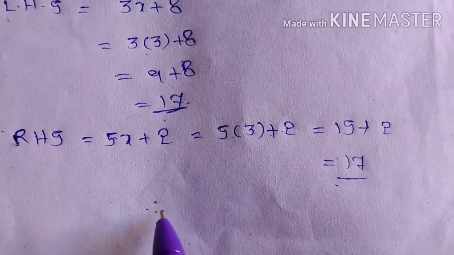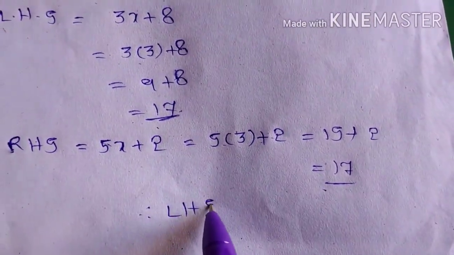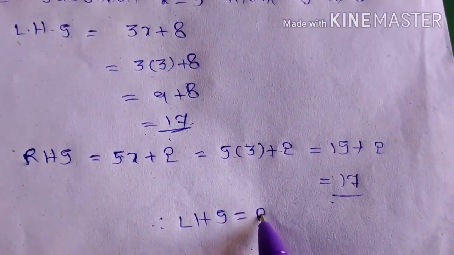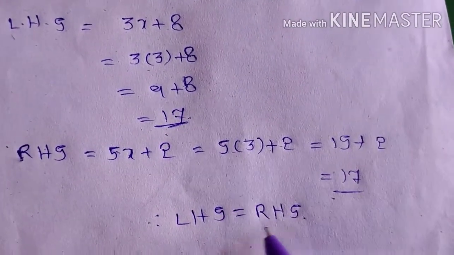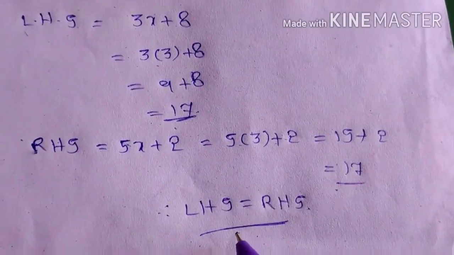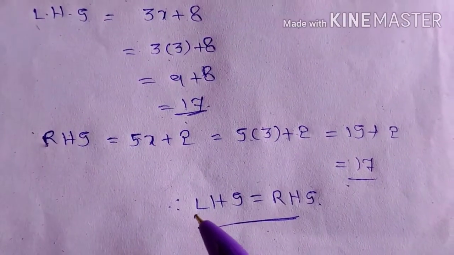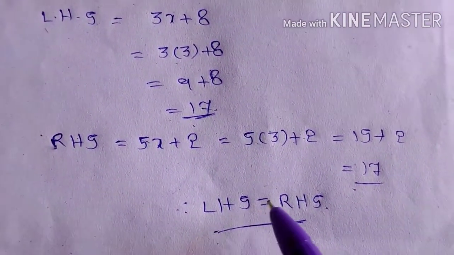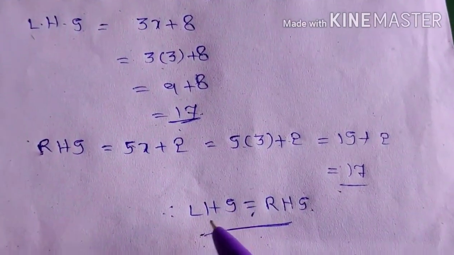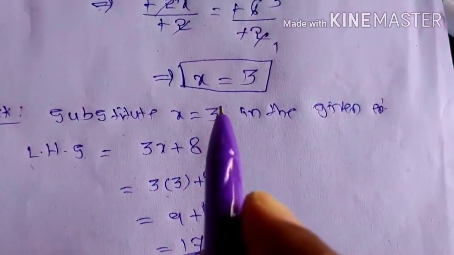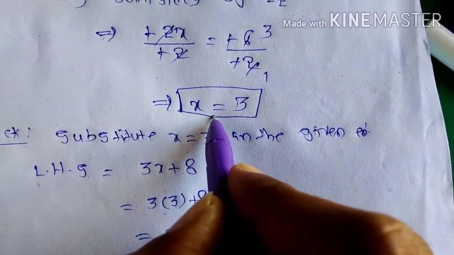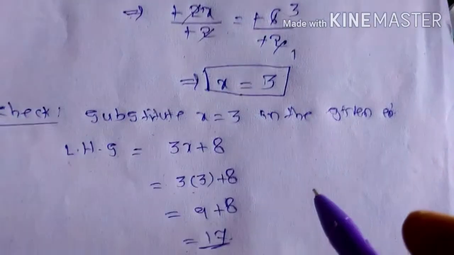That means therefore LHS is equal to RHS. This is your solution. We just need to check whether LHS is equal to RHS. It is 100% equal. Why? Because we have found the solution of the given equation.